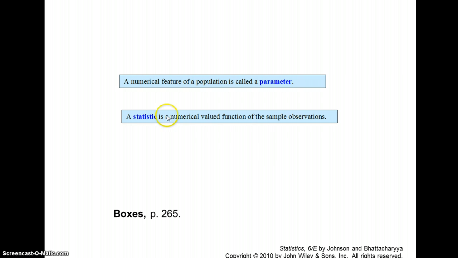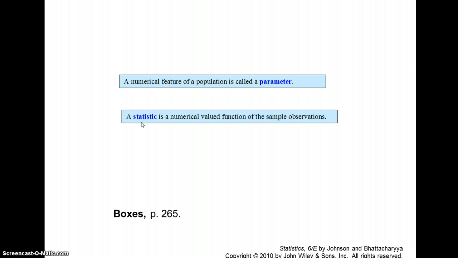And a statistic is a numerical valued function of sampled observations. So a statistic is more about a sample. We may not talk about the entire population. We pick a few samples and we talk about the mean and the standard deviation or maybe the variance.